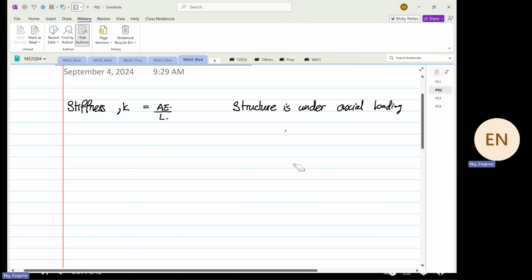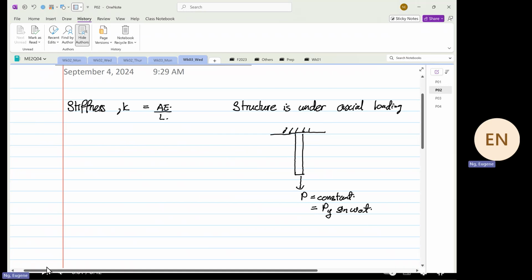Let me draw it initially. And over here, we pull a force, and this is our P, okay? So our P over here is a constant. Now our P can also be equal to P0 sine omega naught T, okay?